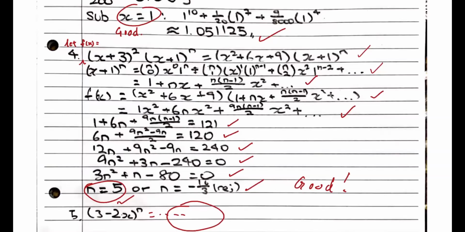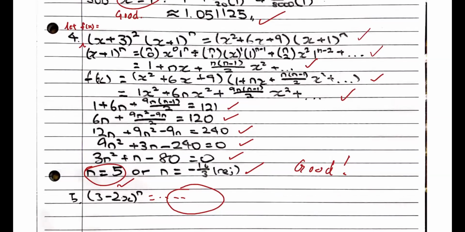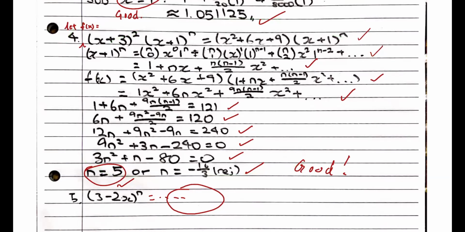Okay, your working is... Actually, you got it right. Oh, yeah, you got it right. Okay, there's nothing to go through. You know how to solve this question. Basically, you just need to expand the individual factors. x plus 3 squared, expand. Then x plus 1 power n, you also expand it in this manual way. And then you have to multiply them together, but only find the relevant terms.